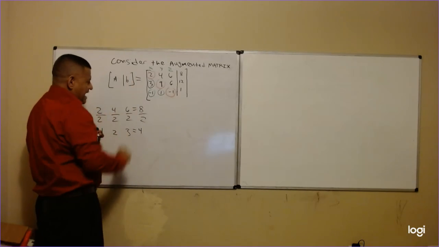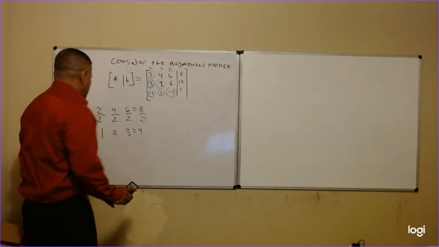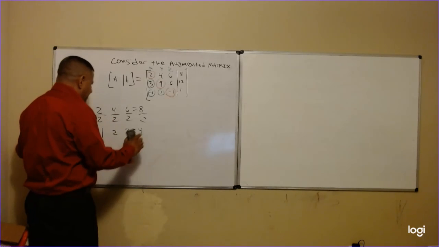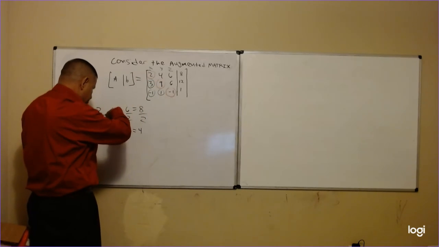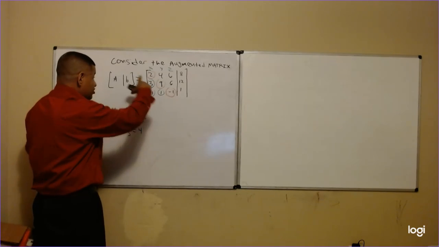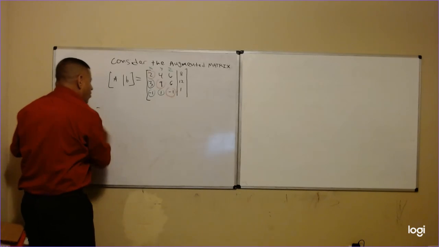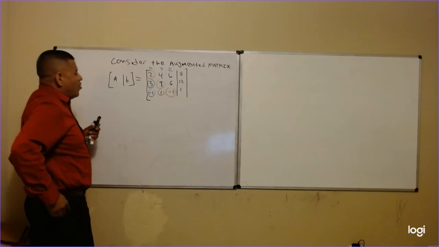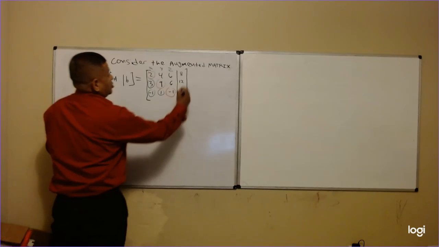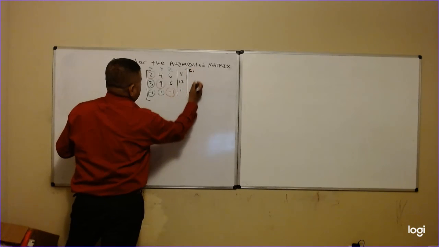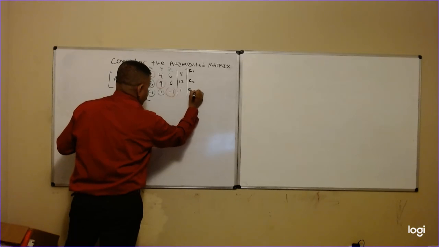So now that I have it in that form, so I divide everything by 2, now I can rewrite it just changing this row into this. So row 1 is already transformed, right? So this is row 1, row 2, row 3.